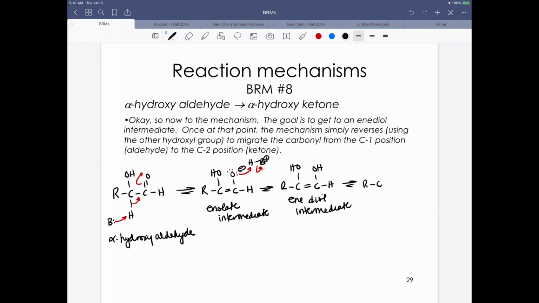So again, we should start here. I wanted to show that base is going to come and grab this hydrogen, putting those electrons back on that carbon.